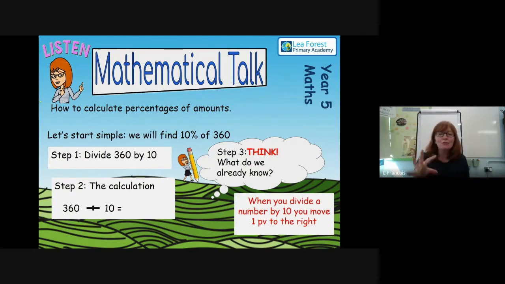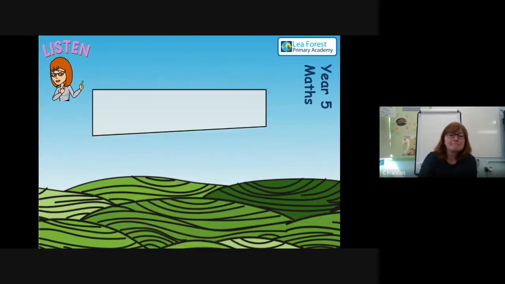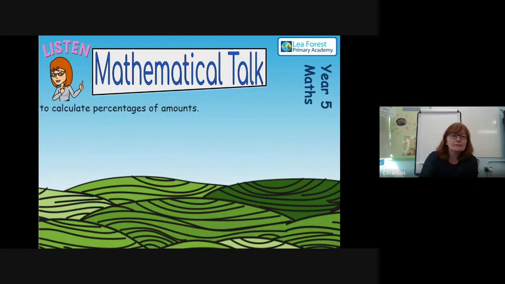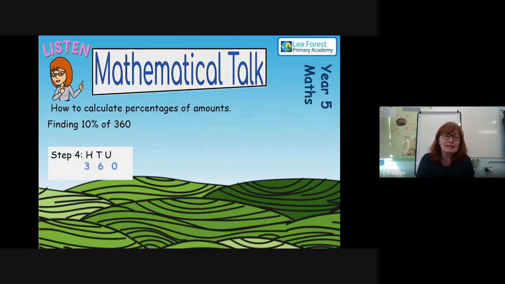Okay, and if you know that and you can jot place value, good morning, Lexi, then it will really, really help you when you come to find 10% of an amount. So finding 10% of 360, I have used my place value method first.